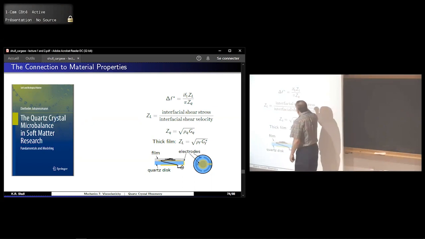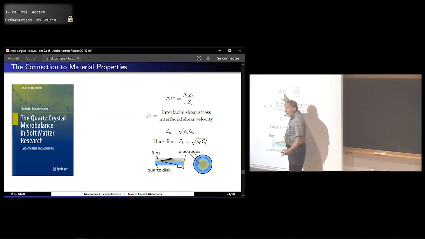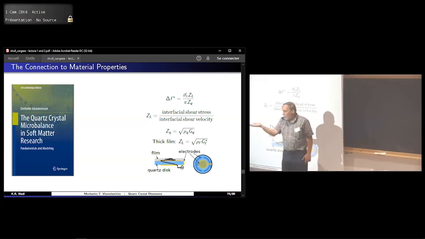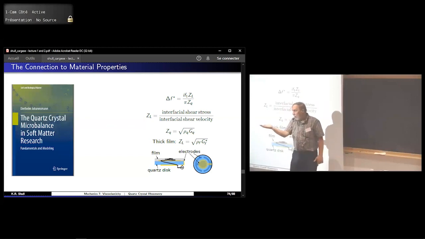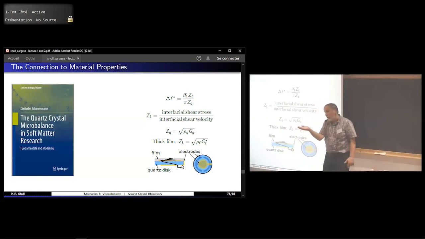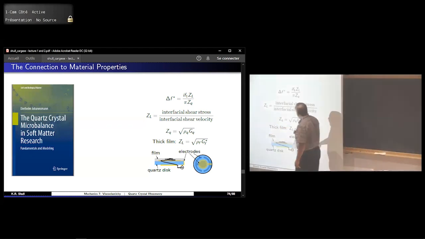So this complex resonant frequency shift we can measure has a bunch of known quantities. F1 is the fundamental resonant frequency, 5 megahertz. This is the acoustic impedance of quartz, and this is the load impedance of what we're measuring. The surface of the quartz crystal, the gold electrode surface, is going back and forth like this, and the load impedance is the ratio of the shear stress to the shear velocity at that surface.